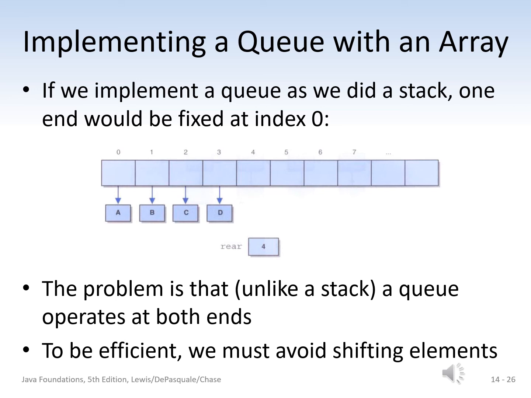Data objects are not just entering and leaving through the top. It's a different structure. So to be efficient in implementing a queue using an array, we should avoid shifting elements.